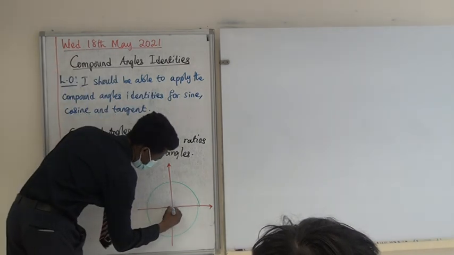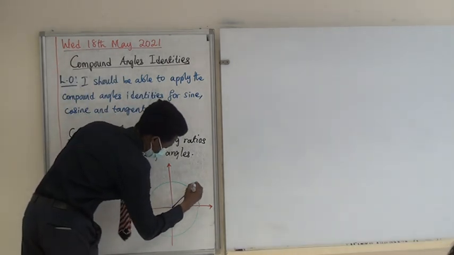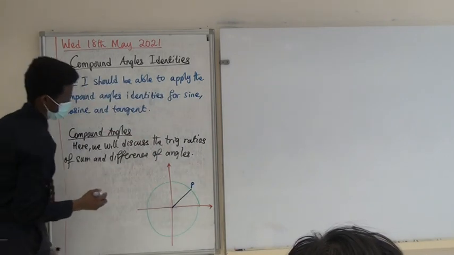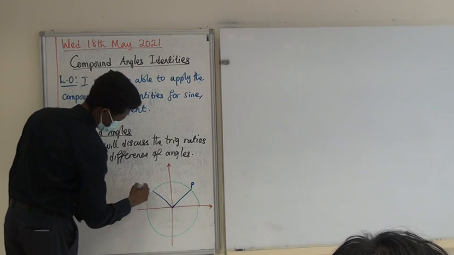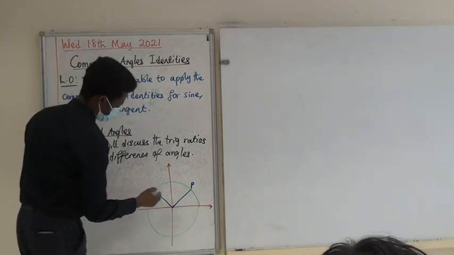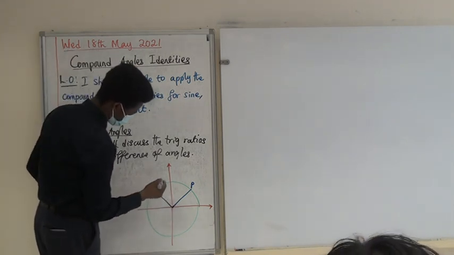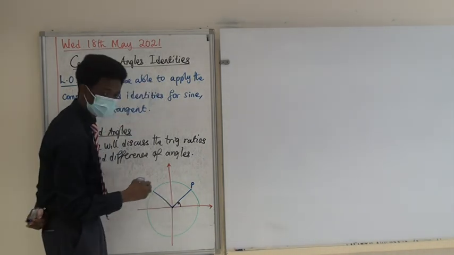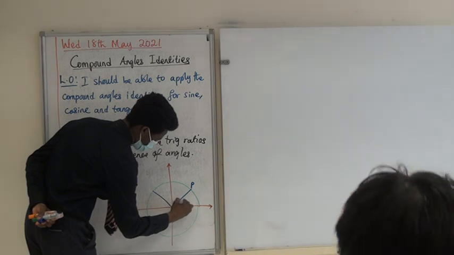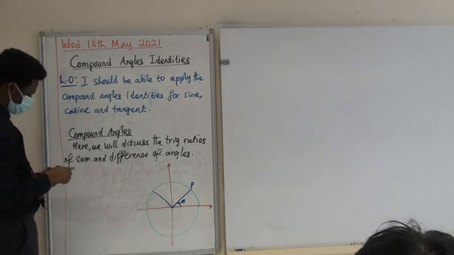Now, suppose P is in the first quadrant. This is P. And suppose Q is in another quadrant. Now, maybe I use a different color. Suppose the angle of inclination for P is A. Are you with me?